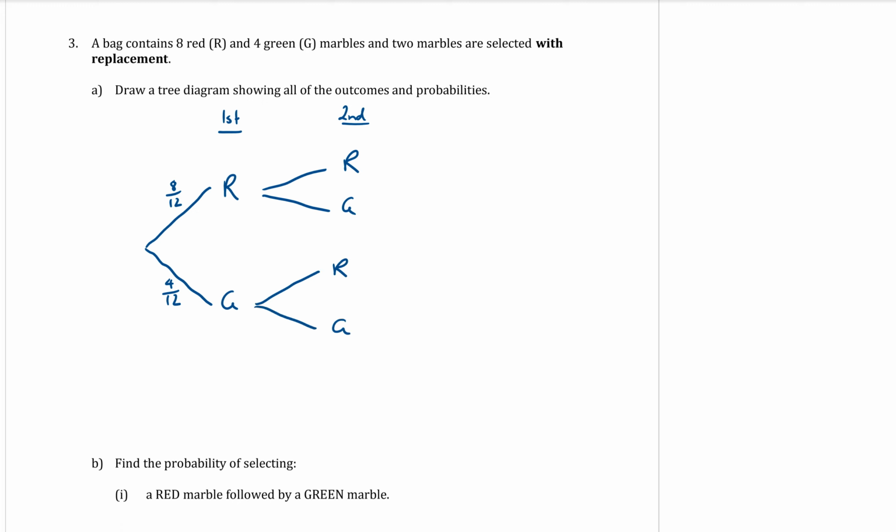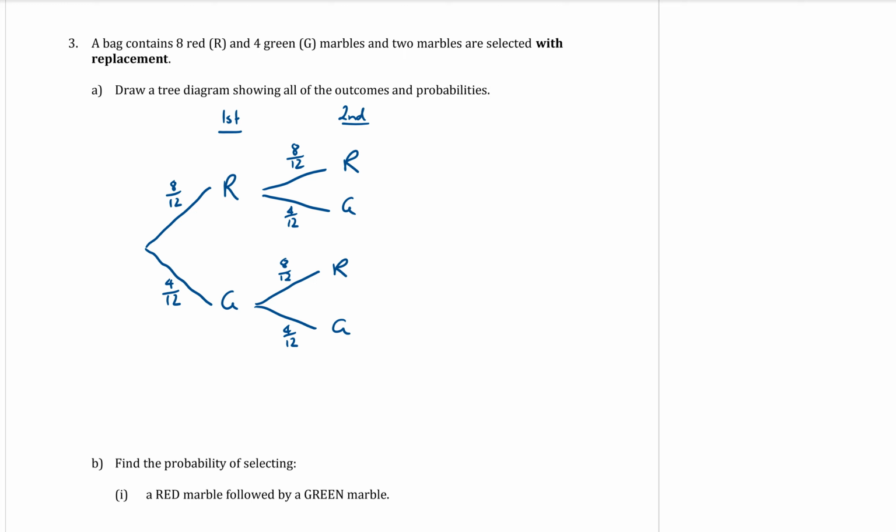But because I put the marble back in, these numbers don't go down like they did last time. I'm still going to have 8 red out of 12 for the second choice and 4 out of 12 green. And I'm going to have 8 out of 12 here and 4 out of 12 there, because whatever you choose the first time, you put it back in, so it's exactly the same for the second choice.